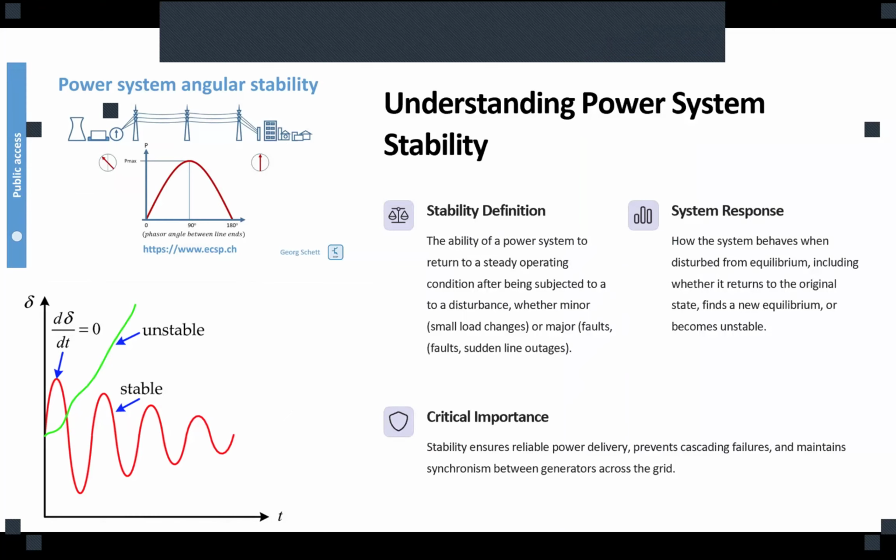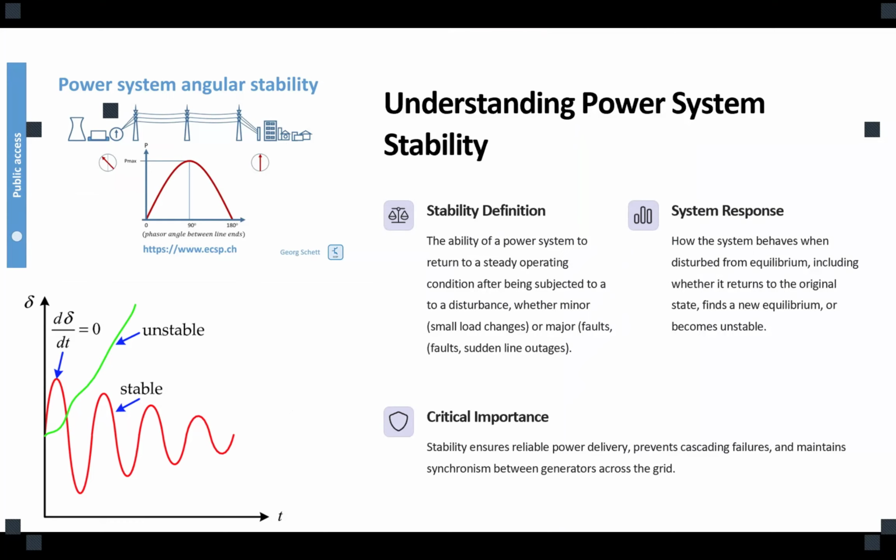Let's talk about what is stability, what we could define as stability in a power system precisely. Okay. When we talk about stability, the definition is basically the ability of the power system, or generally any other system, it's going to be the same definition, to return to the steady state after a disturbance.